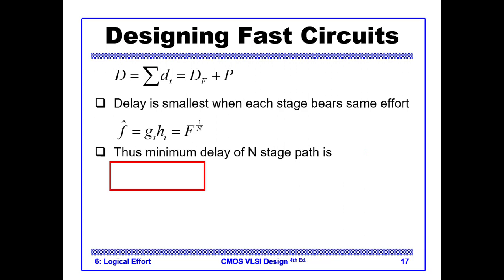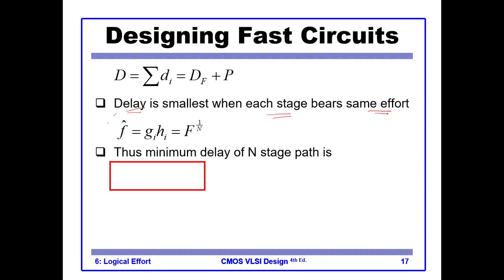Now let's come to another very interesting result, which is that in order to design fast circuits, we need the delay to be minimum, and the minimum delay is computed when each stage of your circuit bears the same delay effort.